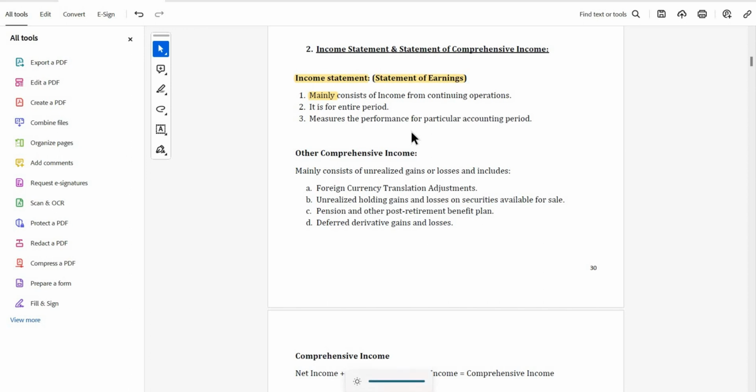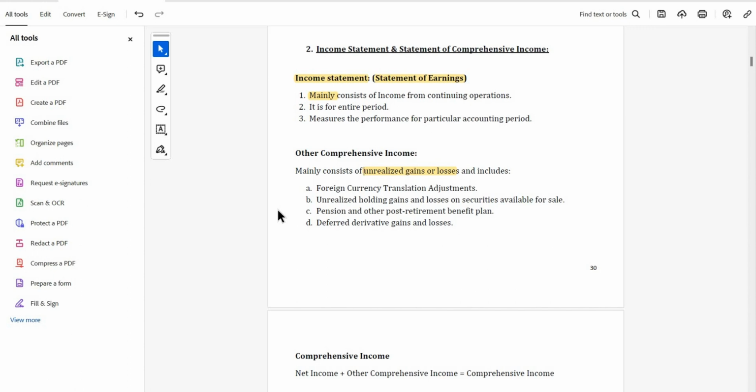Other comprehensive income mainly consists of unrealized gains or losses, and includes foreign currency translation adjustment. We will see later what foreign currency translation adjustment means, but for general purposes, it records the fluctuation difference of a foreign currency.